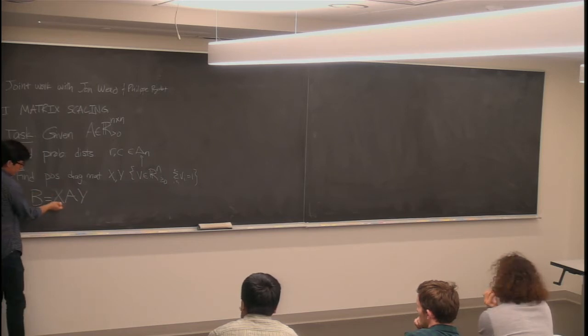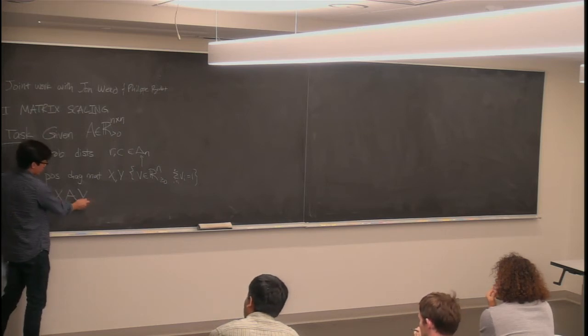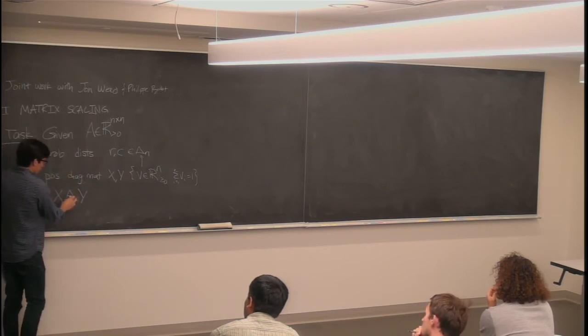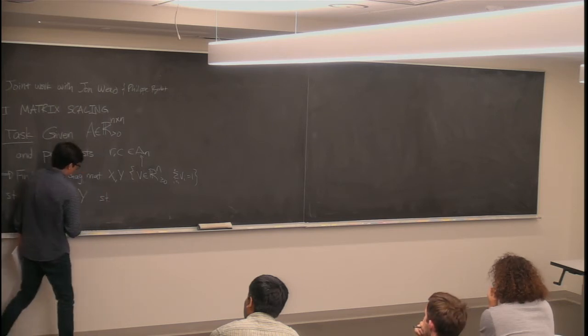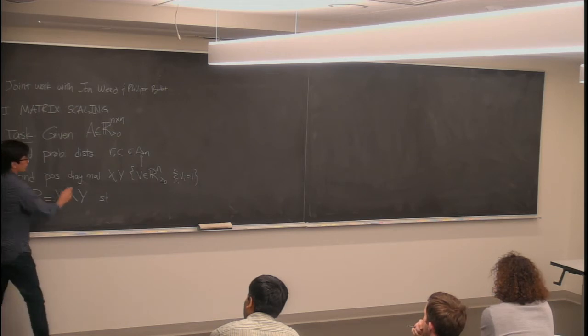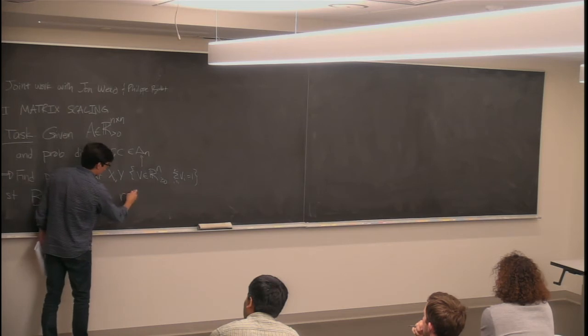So what is going on here? When you multiply by a diagonal matrix on the left, you scale the rows. When you multiply by a diagonal matrix on the right, you scale the columns. I'll have an example to be super concrete in just a second, but you're allowed to scale the rows and columns, and you're asked to find such a scaling such that the row sums of B equal R and the column sums of B equal C. So I'll write this here.